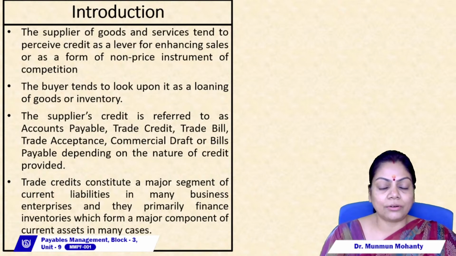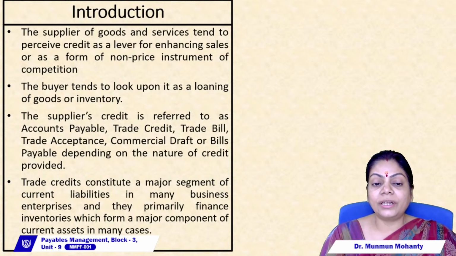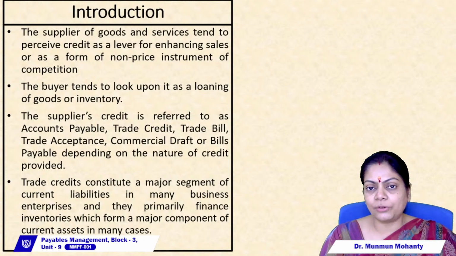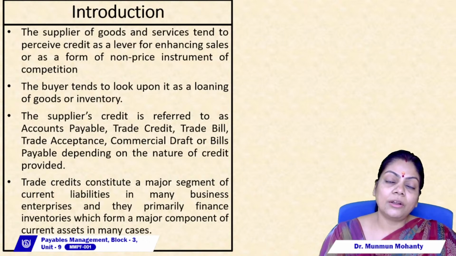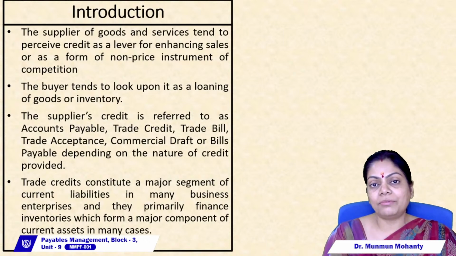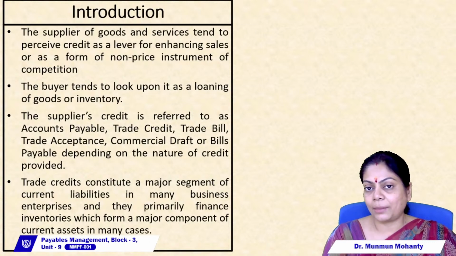So the name of this trade credit could take up any of these forms depending on the specific requirement of a scenario. Now, this trade credit is a major part of the current liability in businesses. When we talk about working capital, we have the current asset side and the current liability side.